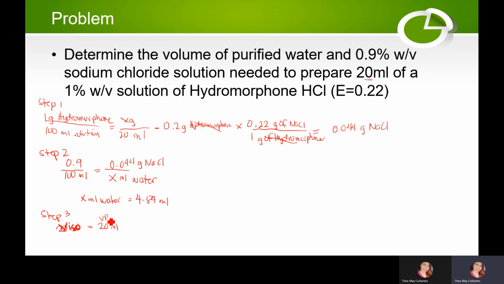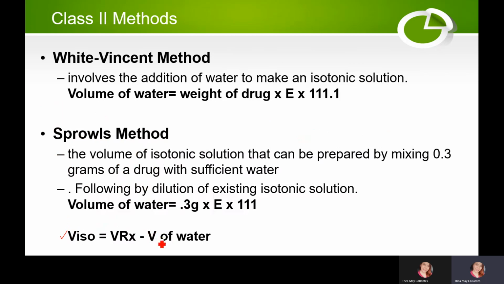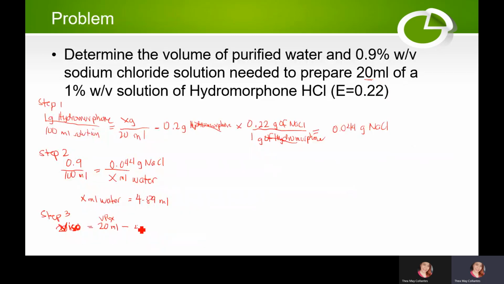What is prescribed is 20 ml, minus the volume of water that I have derived, which is 4.89 ml. Therefore, 20 minus 4.89 would be 15.11 ml of isotonic solution.